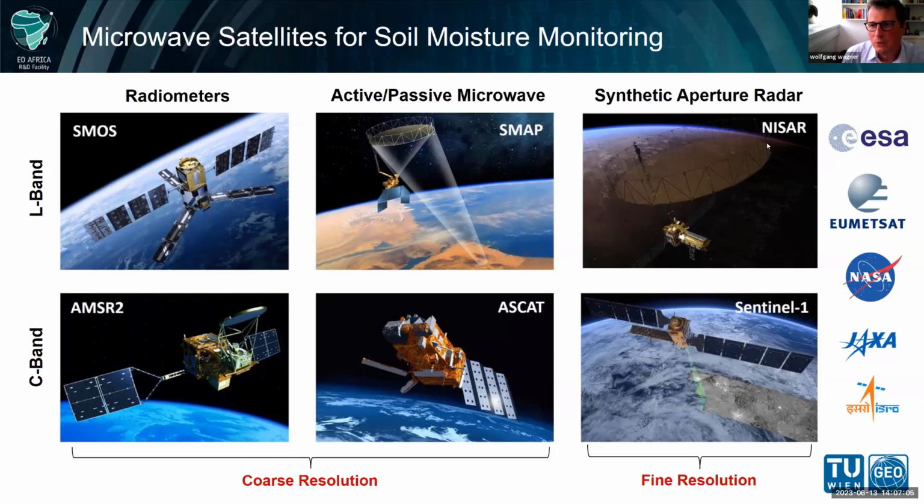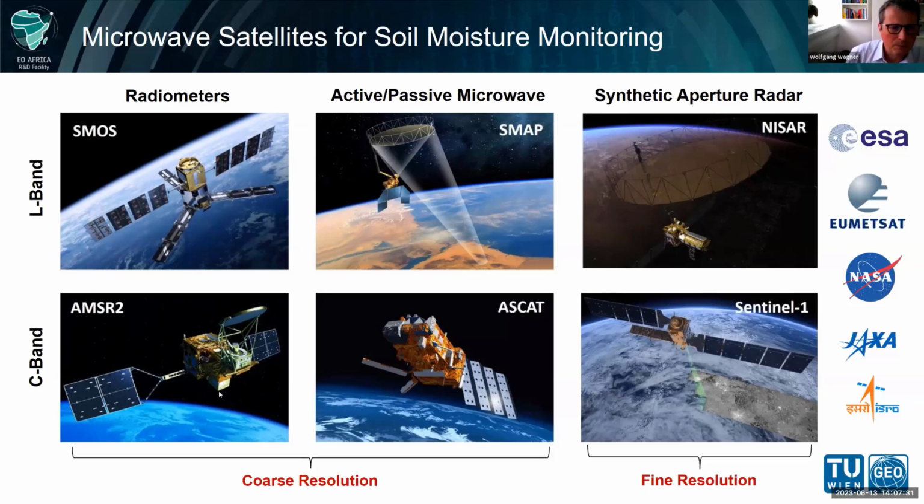And upcoming will be the so-called NISAR mission, a joint mission by NASA and the Indian Space Agency, which will deploy a very large synthetic aperture radar antenna to make fine resolution measurements of L-band backscatter, and it will also be serving different soil moisture estimates.